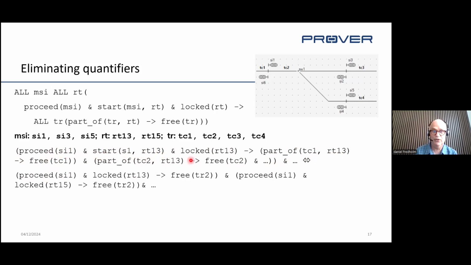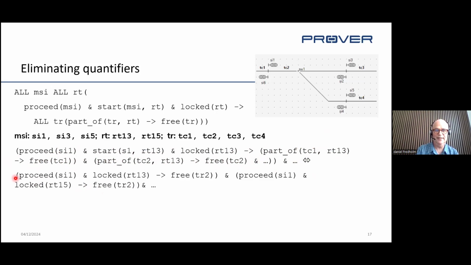And since it's part of a conjunction, we can just remove it. TC1 will be part of route 13. No, sorry, it will not be, which means that this one will be false, meaning that we can just remove the whole first conjunct here after the arrow, and so forth.